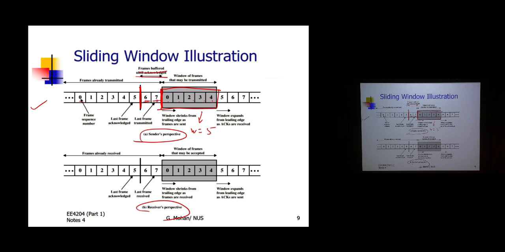That means frames 6 and 7 were sent out to the other side, but the acknowledgements were not received yet. This W equal to 5 indicates that frames 0, 1, 2, 3, 4 can be sent out without waiting for any acknowledgement.